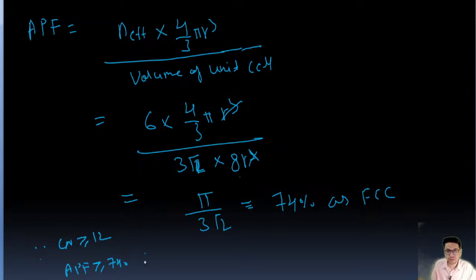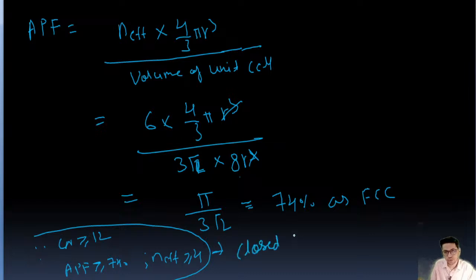And N effective is greater than or equal to 4, because N effective is 6 here, right? If this condition gets satisfied, it means that structure is closed pack structure. So this tells that SCP is closed pack structure, it is also clear from the name, guys.